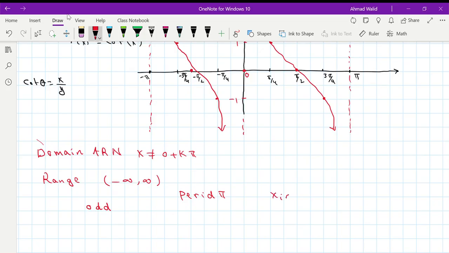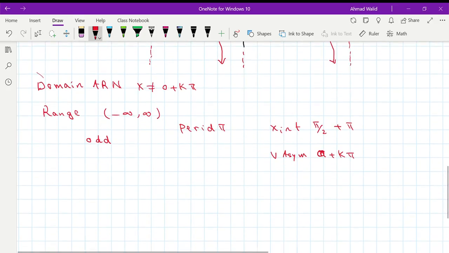X-intercepts happen at pi over 2 plus what? Pi. And vertical asymptote happens at 0 plus k pi. Correct? Or you can put these notes for x-intercepts and vertical asymptotes.